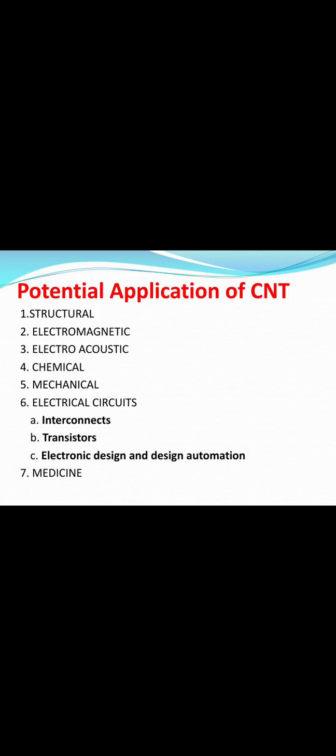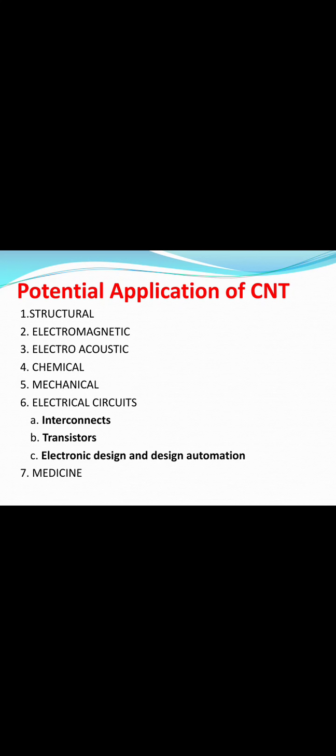The first one is structural designing. The second one is the electromagnetic field. The third one is the electroacoustical field. The fourth one is the chemical field. The fifth one is the mechanical field.